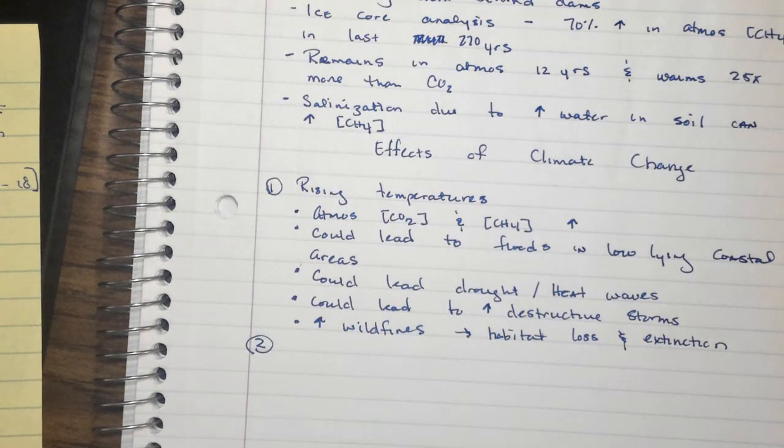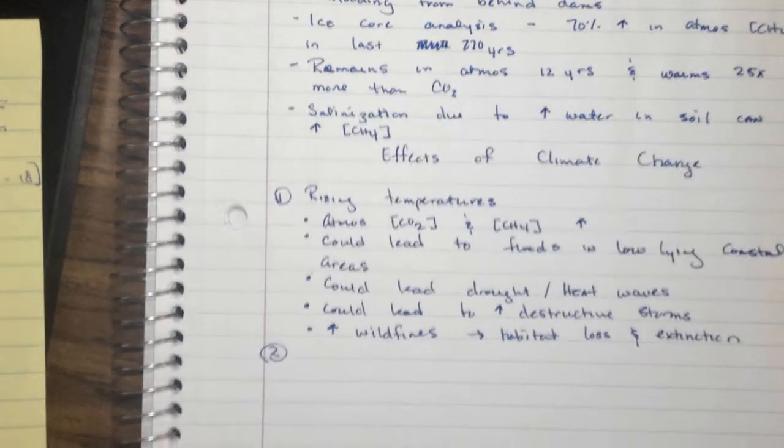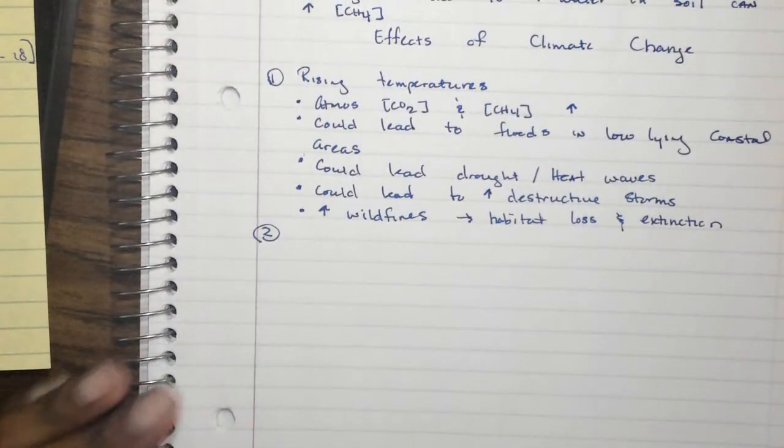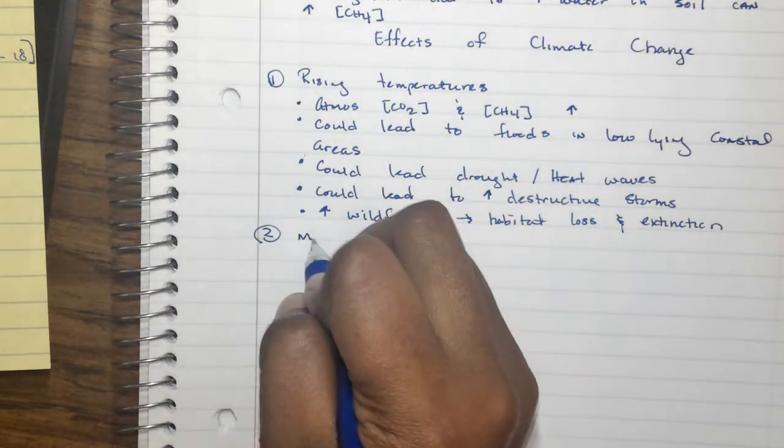Second one and last one, rising temperatures could also lead to melting sea ice and snow.